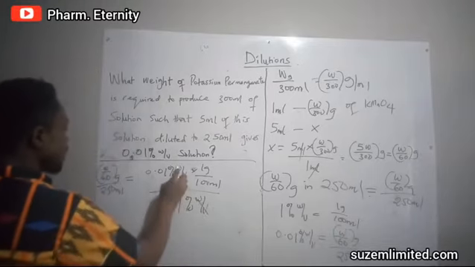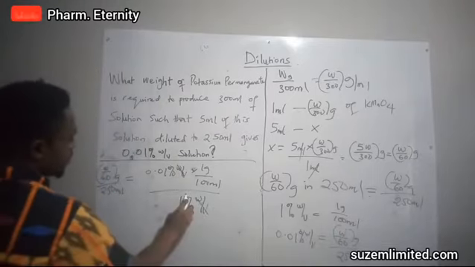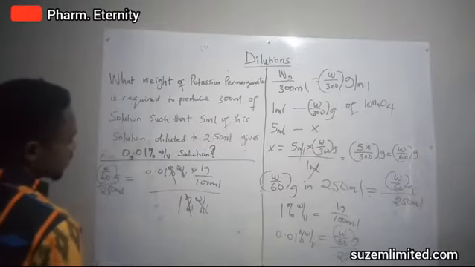Weight per volume will cancel weight per volume. Percent will cancel percent.